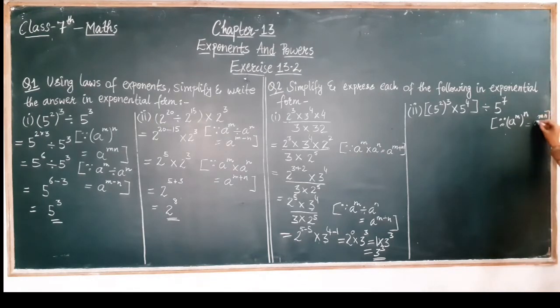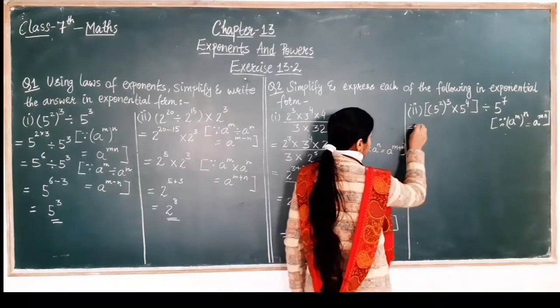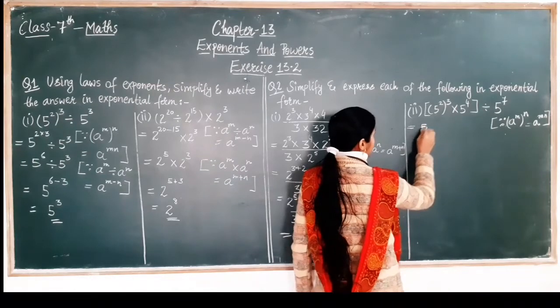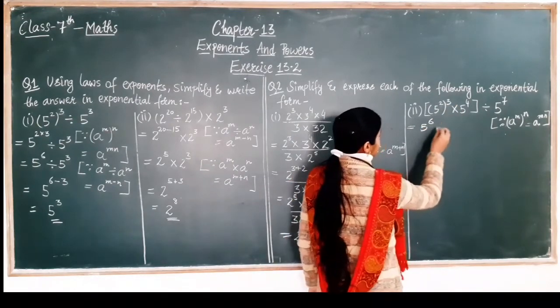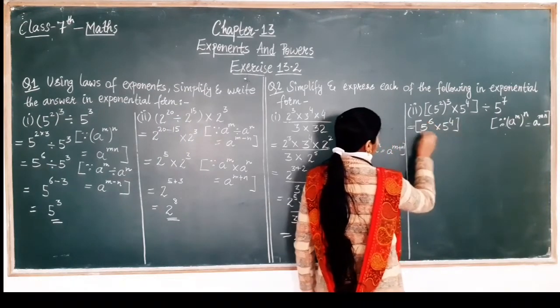Okay. So we have to multiply the powers. That is, if you multiply 2 into 3, you will get 6. Okay. And the remaining you have to write as it is.